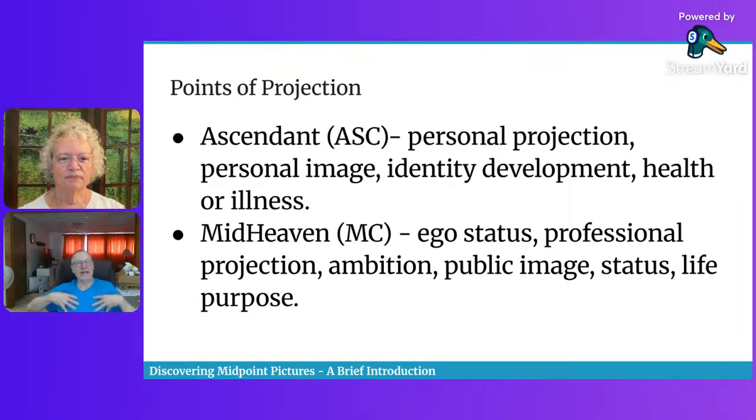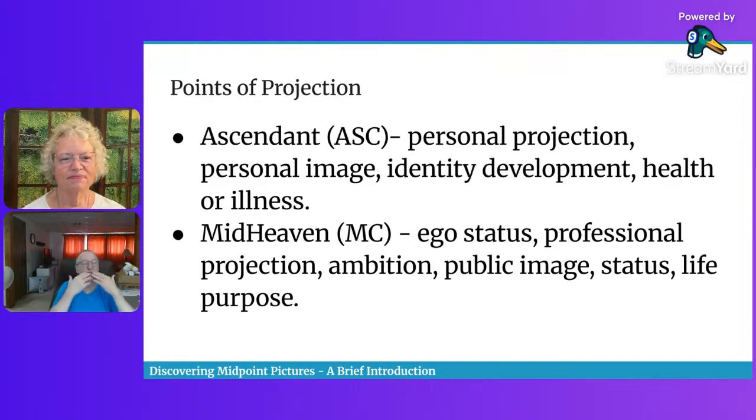Ideally, it's how you want the world to see you. So you're communicating in a way that is unfiltered, not that you don't care, you're being yourself and delivering to the world the way you see things. It has to do with identity development, because it's the first house, it's Aries, the first point in the natal zodiac. When you were born, you came out of somewhere and became a living soul right there at your Ascendant.